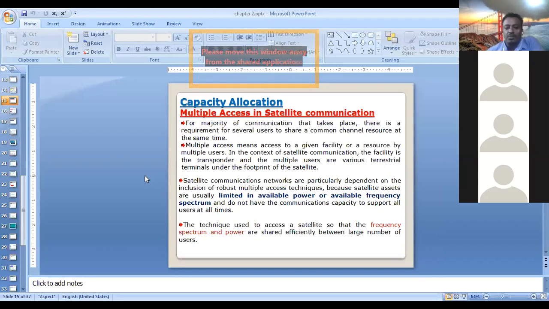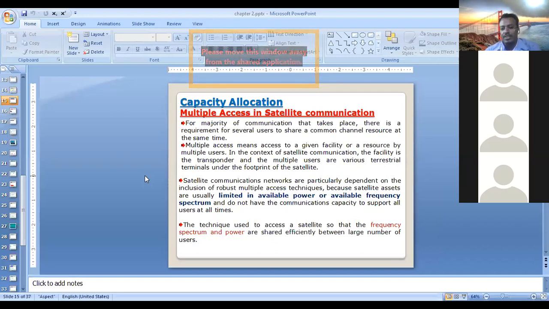Same thing in satellite communication. We have different types of multiple access techniques to share these very limited resources or facility by multiple users. So when you come to satellite communication, what are these resources, or what we call facility, which is limited and we need to share it? These resources or facilities are the transponder.